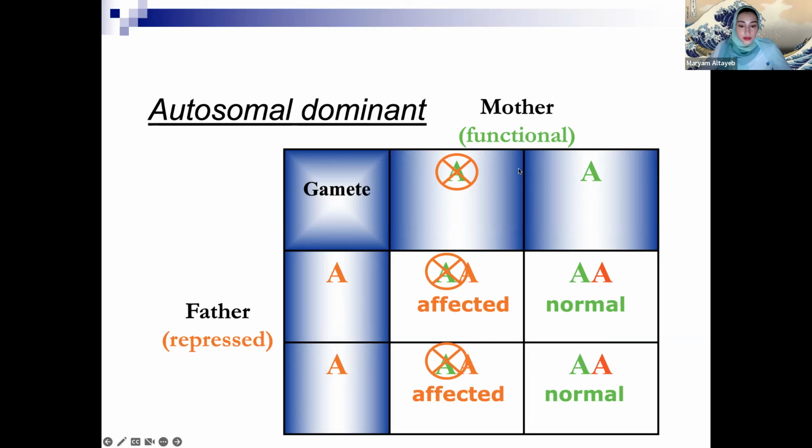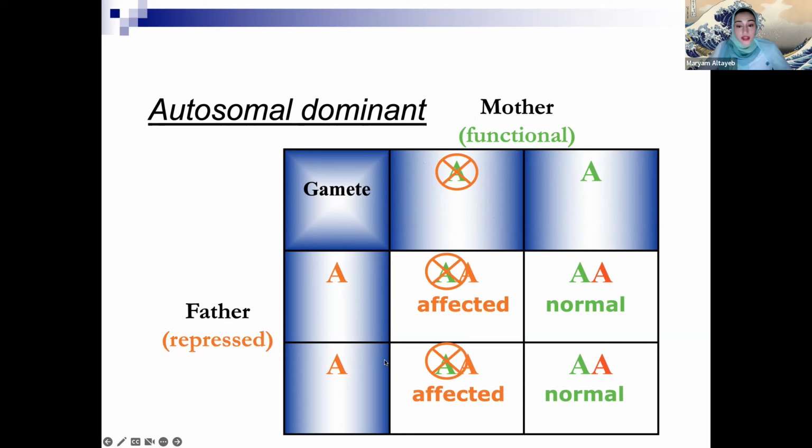Again, just to repeat, you have some specific diseases or patterns of inheritance where you have maternal or paternal imprinting, meaning you receive a copy from the mother or the father that is inactive from the very beginning. Here in the mother, you have one functional copy and one mutated copy.